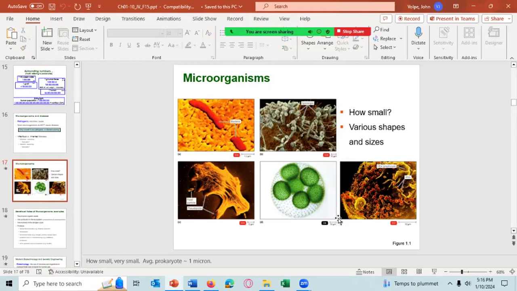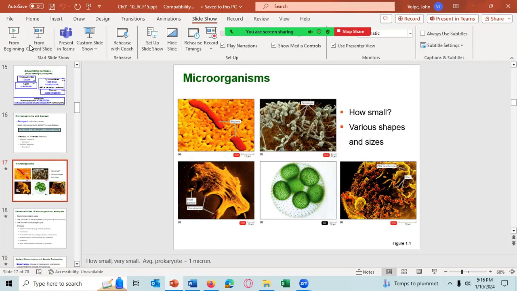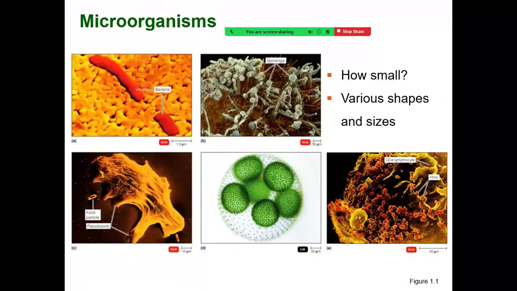When we're talking about a microorganism, you know they're small. How small exactly are they? They do come in various shapes and sizes. Let me blow this slide up so you can see the numbers a little better. This is something like E. coli, a bacteria that's a little bit bigger than your average bacteria, but not too terribly much.